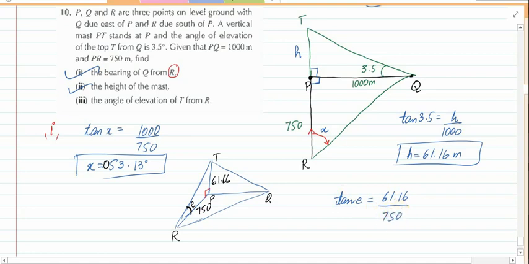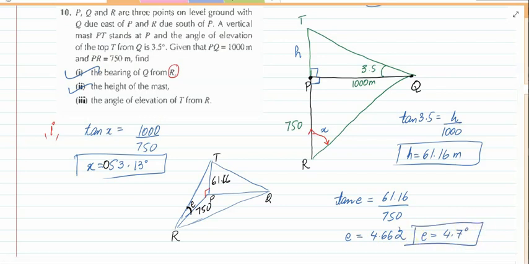Now if you do it, 61.16 divided by 750 and then tan inverse, it's 4.662, right? So that is your angle E, 4.662, or I can say that E is 4.7 degrees, right? So that is your answer.